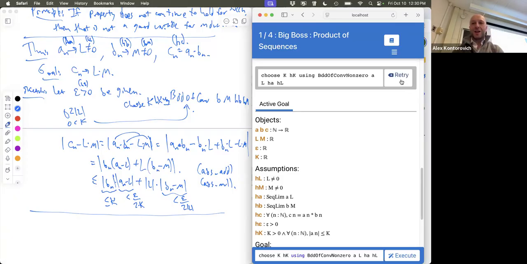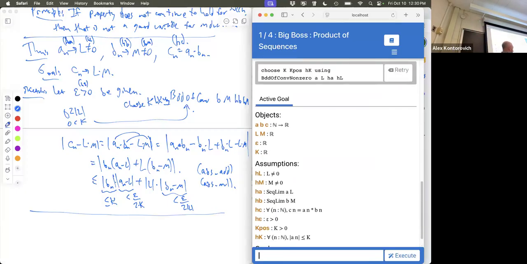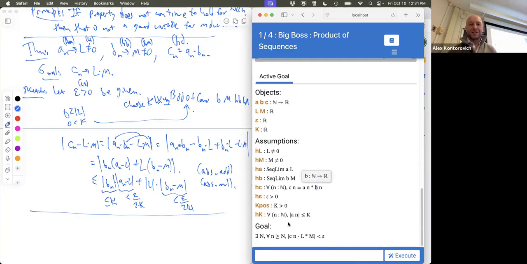So let me retry this step. And instead of saying HK, I'll do K pos HK. So it's choose K, K pos, and HK. And that'll just break this up for us. So now we have the fact that K is positive and this extra condition on the boundedness of the sequence A. By the way, I applied it to A. In our sketch, we applied it to B. Should I keep it like our sketch?